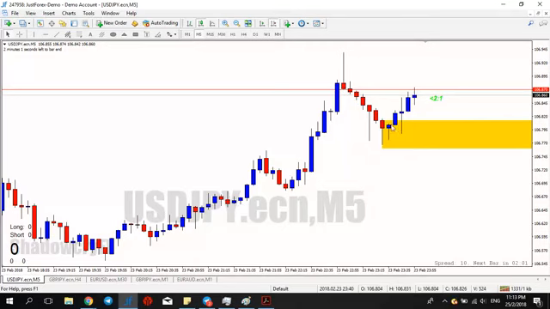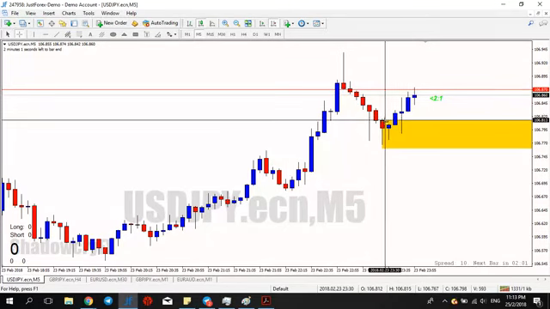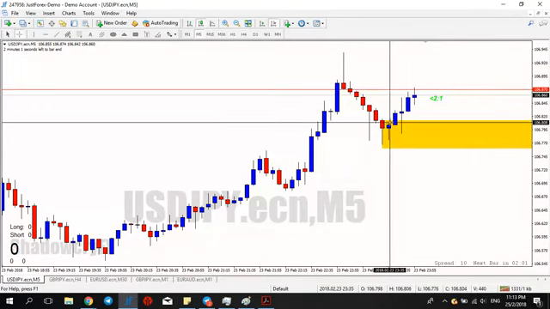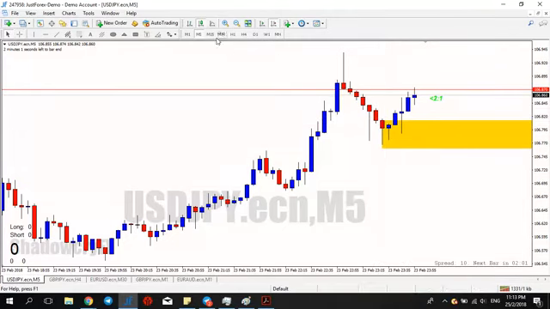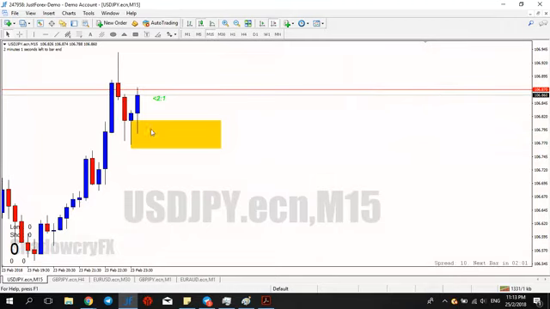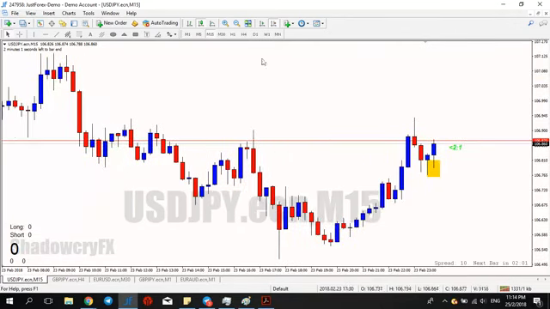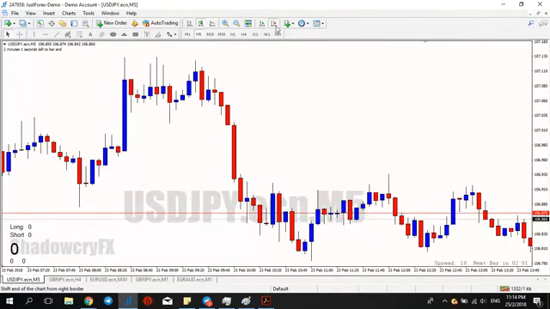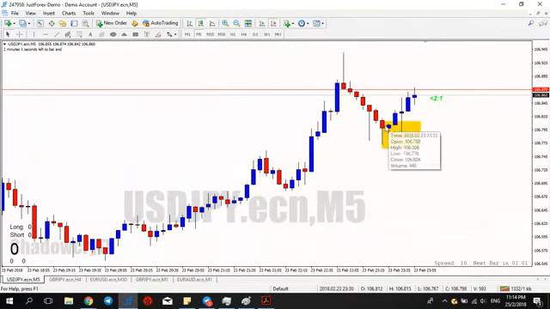On M5, this candle already shows a bullish pattern. It already breaks this. But on the higher time frame, it's just a wick, only a shadow. But on the lower time frame it's already a body, a bullish body, and this will cancel out each other and become a shadow.